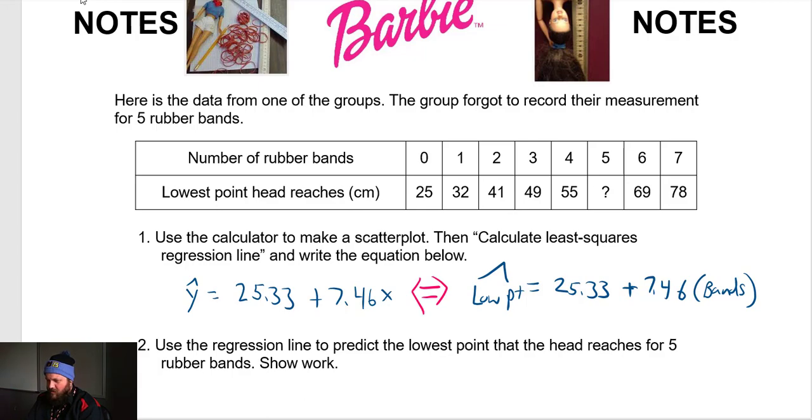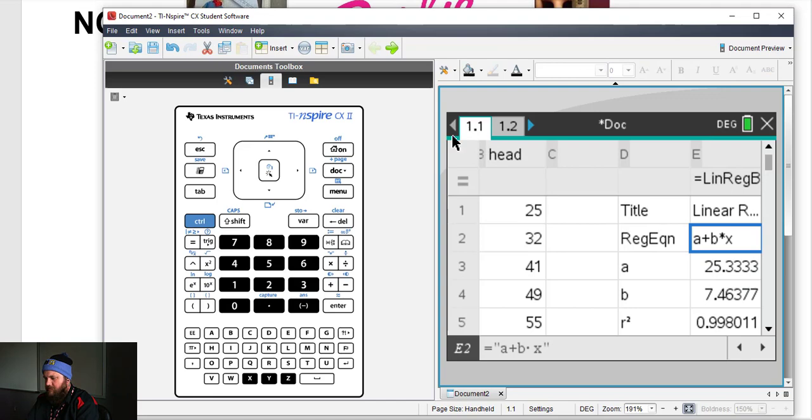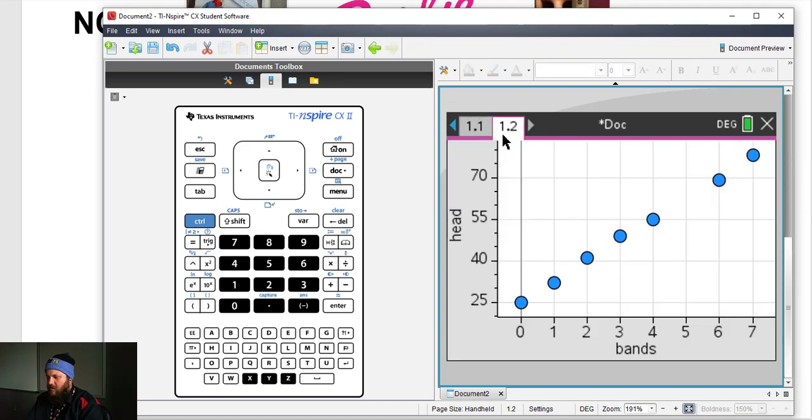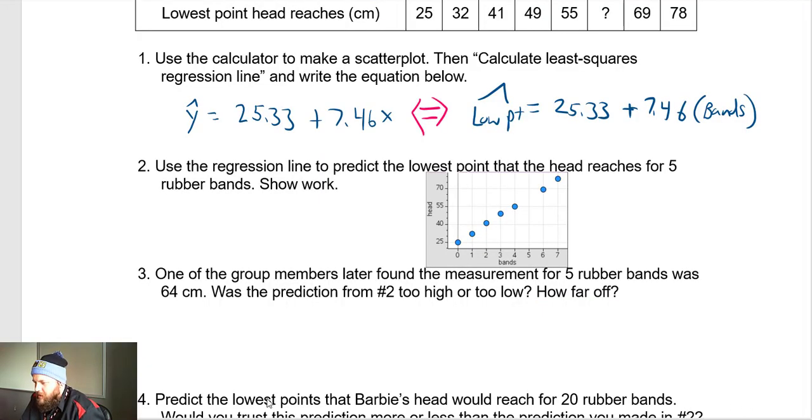So now it wants us to use the regression line to predict the lowest point that the head reaches for 5 rubber bands. For that, looking at our scatter plot here, all right, so put that in here. Now it's wanting us to find the lowest point the head reaches.